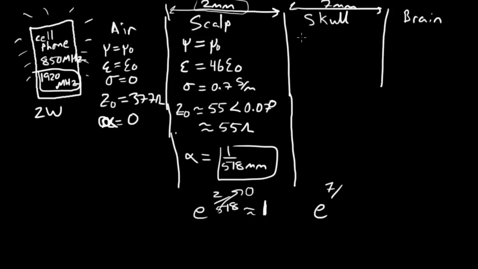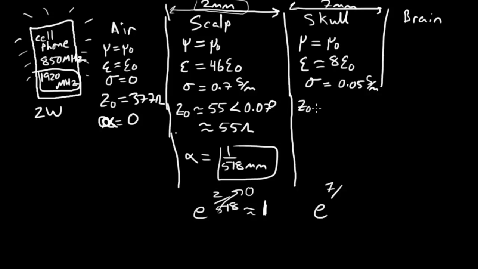Let me run through the parameters for the skull. The permeability is, again, approximately equal to mu naught. The permittivity is 8 times epsilon naught. The conductivity is 0.05 Siemens per meter. It's bone, but it still has some conductivity to it.